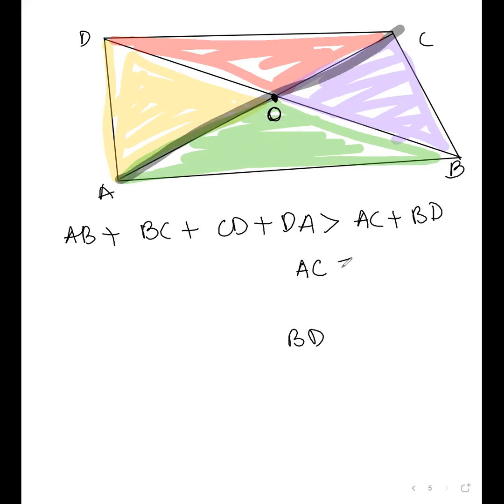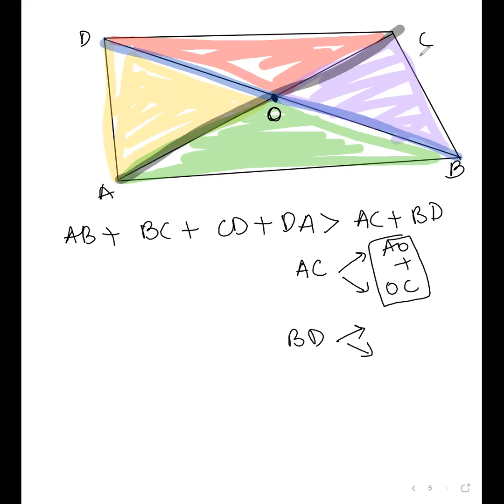So AC can be written as AO plus OC, yes or no? Yes. Similarly, BD, look at BD. So BD can be written as, yes, Heba, tell me. Just like this. BD will be written.